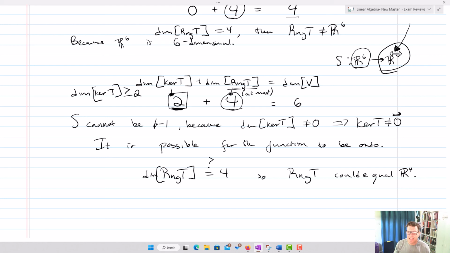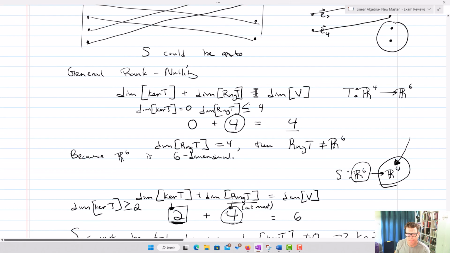Unless we have specific pieces of information that tell us what the dimension of the range of T is, for example, and what V is. So you want to notice the whole idea here: could be does not necessarily mean is, all right? In this case, we have two things that we want to confirm.